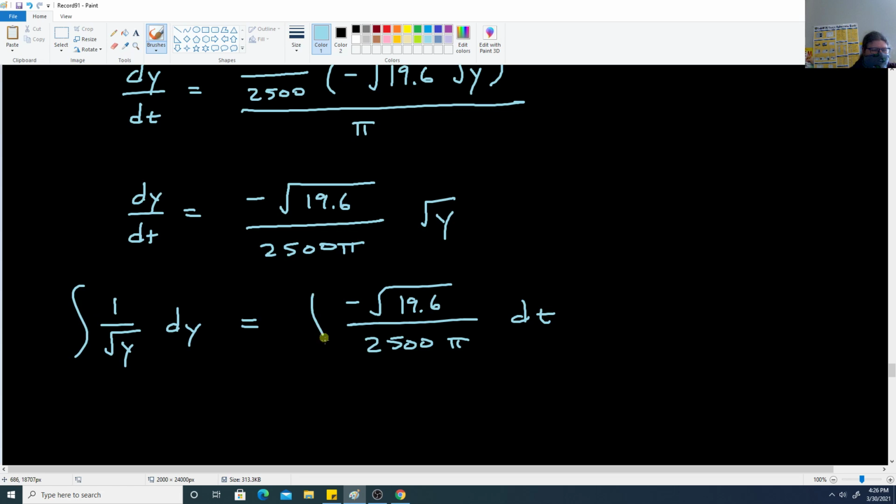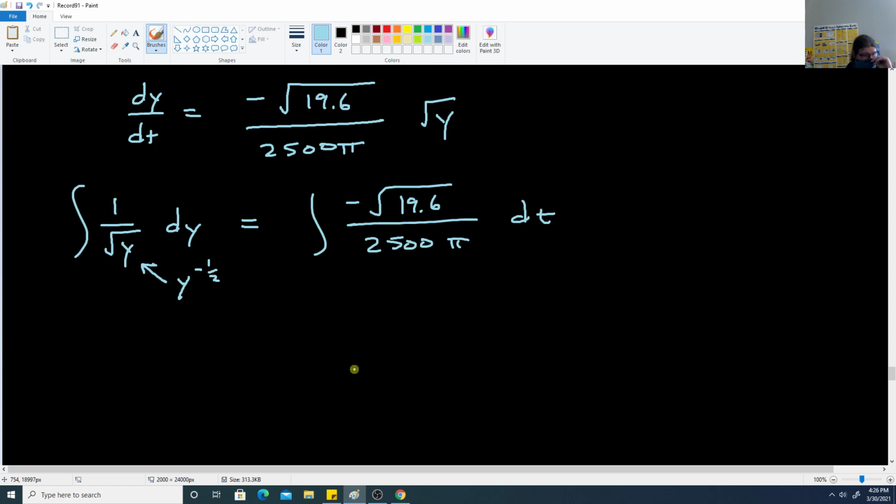We'll integrate both sides. To make this integral easier, instead of 1 over square root of y, I want to think about this as y to the negative 1/2 power. So 1 over square root of y is the same thing as y to the negative 1/2 power. If we integrate y to the negative 1/2 power, this becomes y to the positive 1/2.